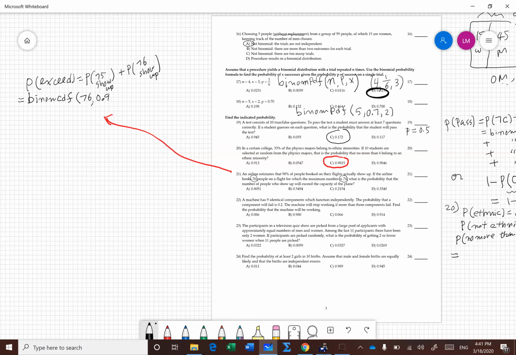The probability of showing up is 0.98. Then 75 plus everybody showing up, 76. So this is binom, I forgot. Oh, this is a PDF. Sorry, why did I say CDF. So this is binom PDF.